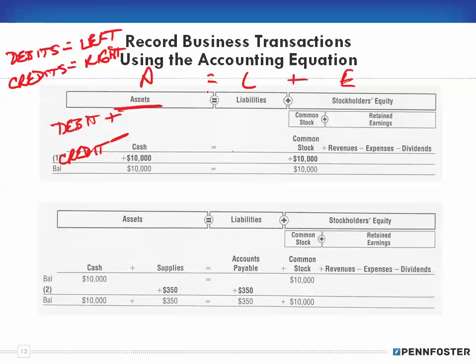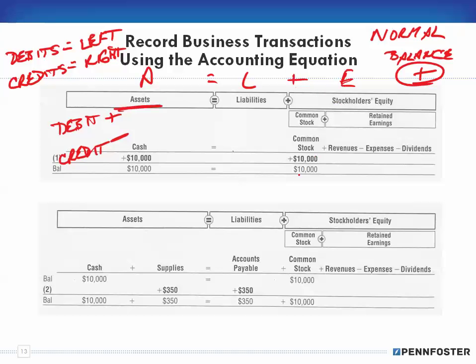If we look at the accounting equation and what is on the right-hand side of the equal sign, well, liabilities and equity, right? And the normal balance is what increases that category of account. So if I have liabilities and equity and they have to increase, right?